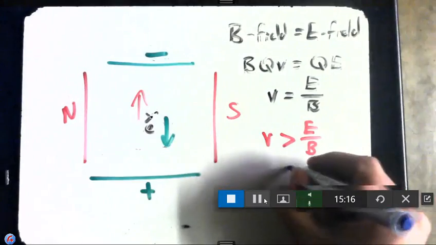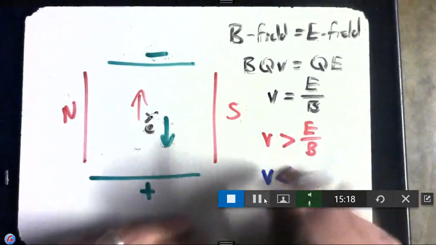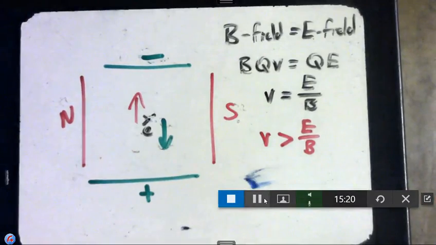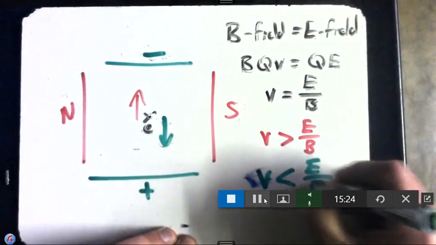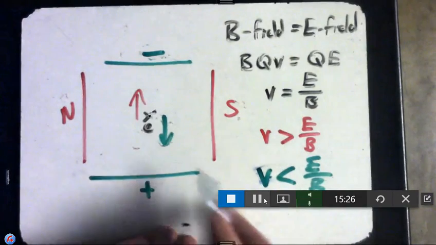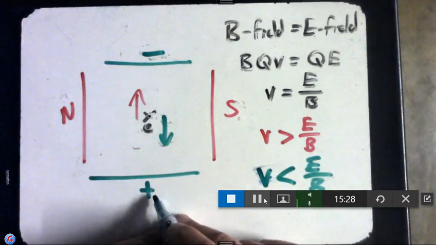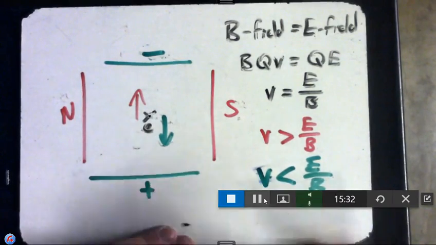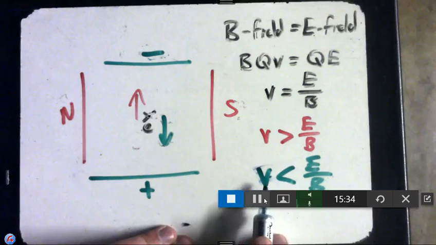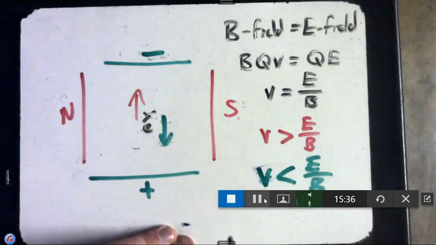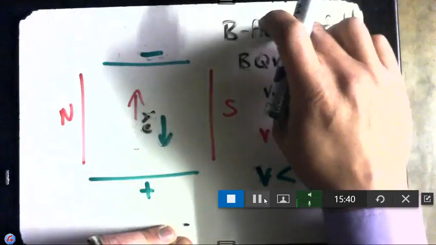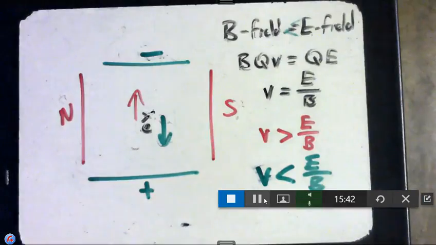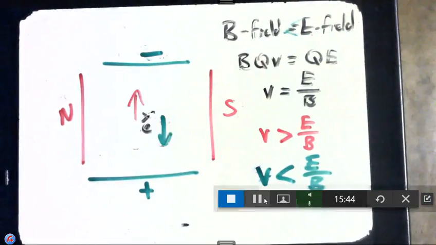If the electric field wins, then the deflection is going to be according to where the electric field wants to push it. So then it's going to deflect downwards. And then the velocity is less than that relationship, because the electric force is bigger than the magnetic force.